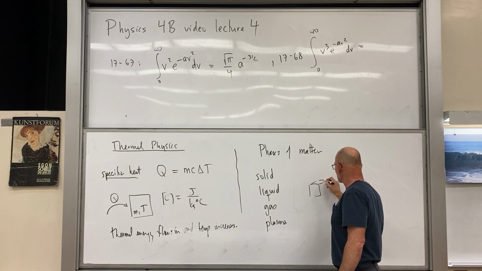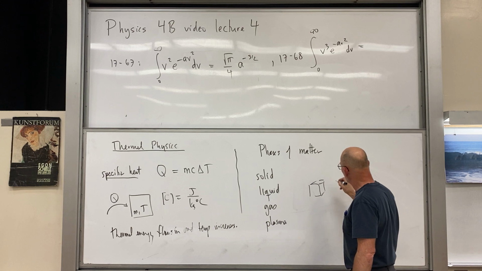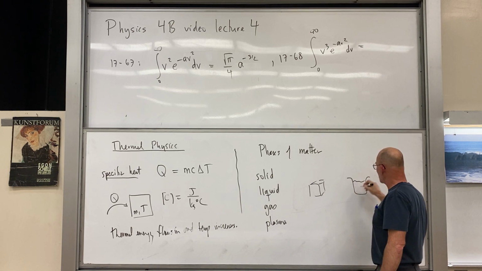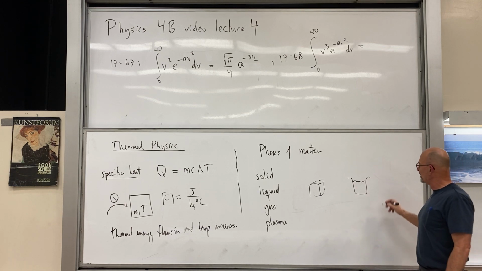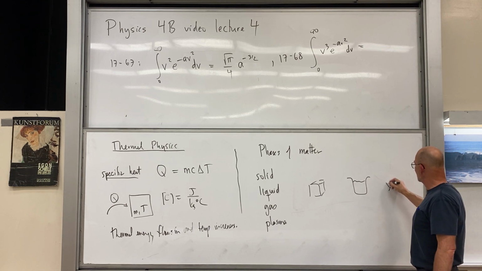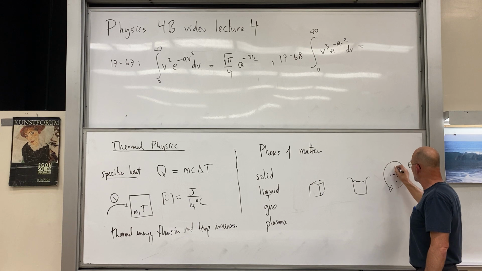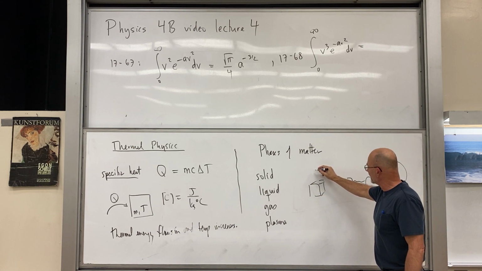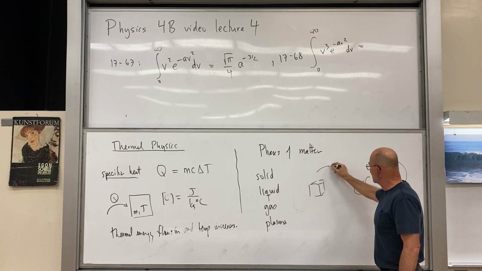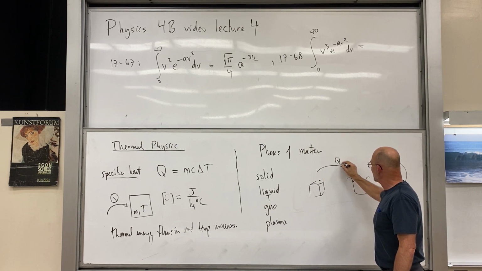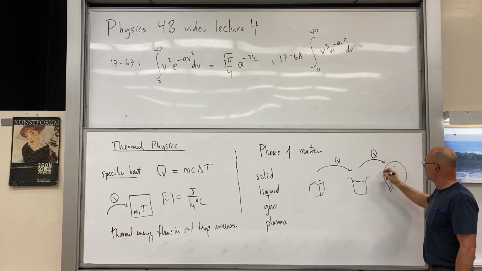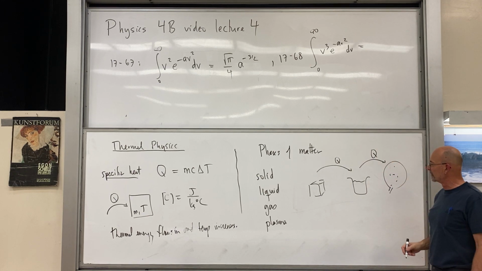But if we do solid, liquid to gas, draw a nice little picture. So here's an ice cube, and you add energy to it, and it melts and turns into water. And you add some more thermal energy. Here I'll draw a balloon, right? And there would be your solid, your liquid, your gas. And as we add energy to the solid, it turns into a liquid, we add thermal energy, it turns into a gas, okay?